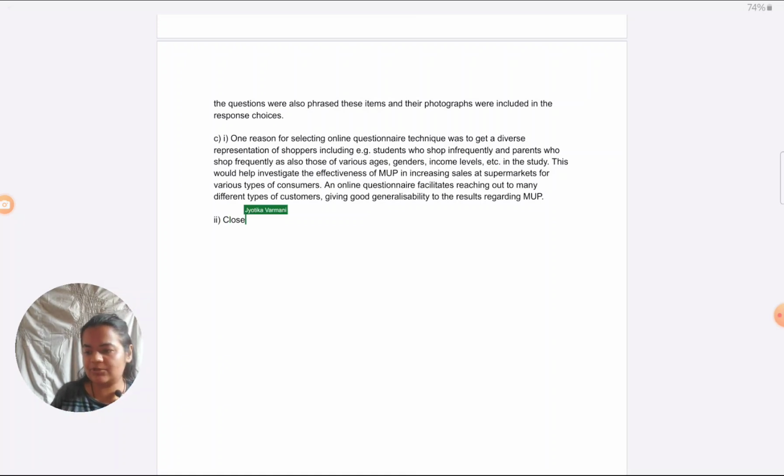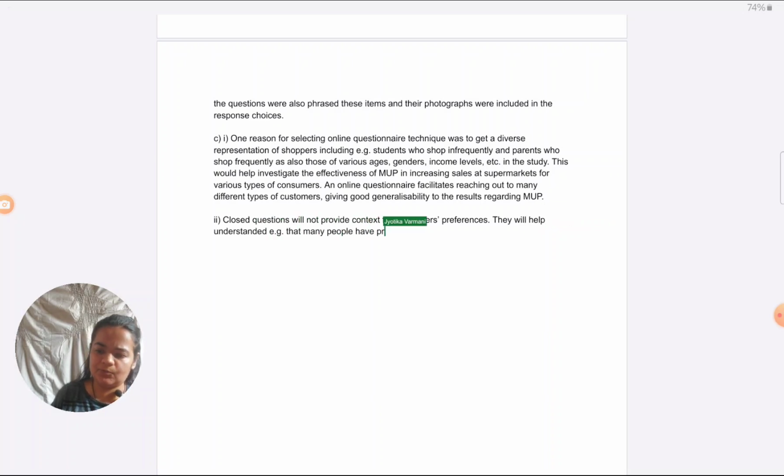So closed questions will not provide context for consumers' preferences. They will help understand, for example, that many people have preferred MUP over SUP. However, why they have made this preference will not be clear.